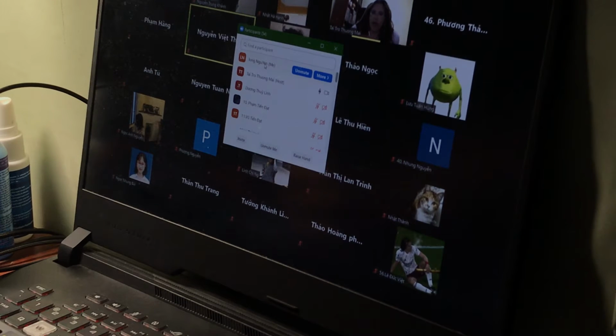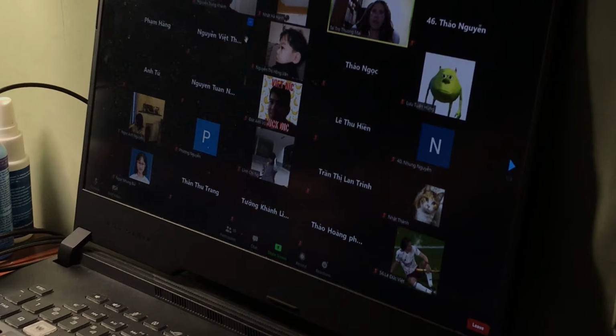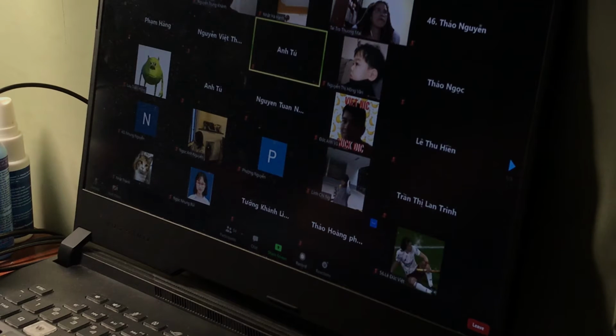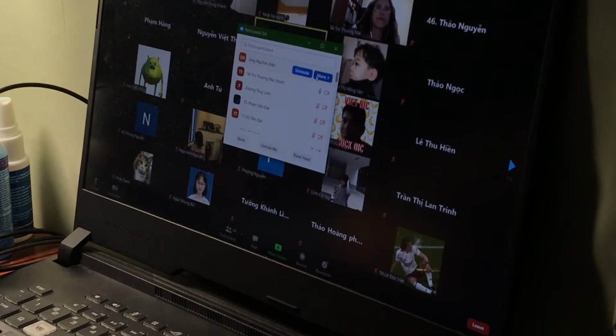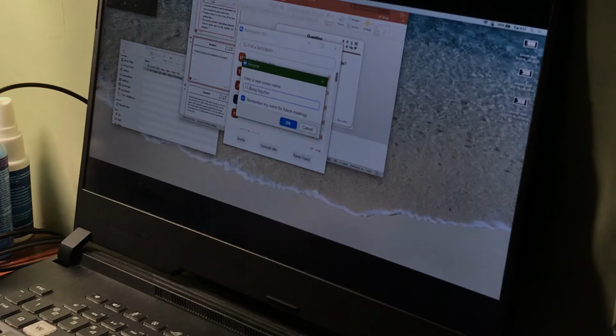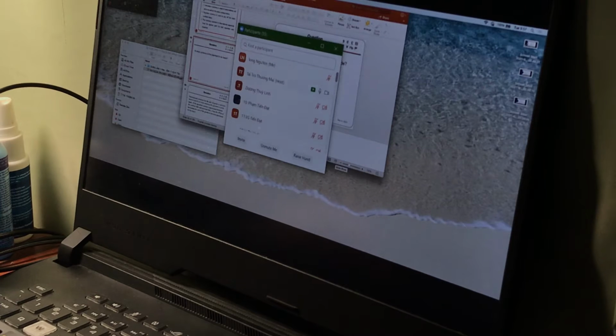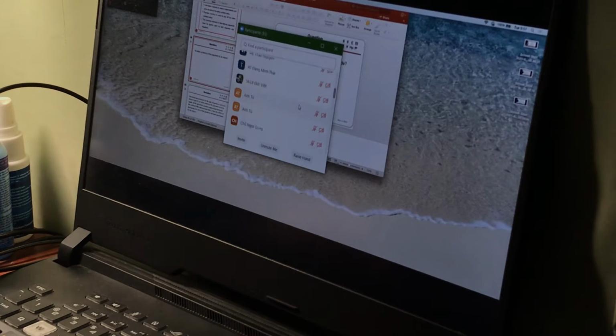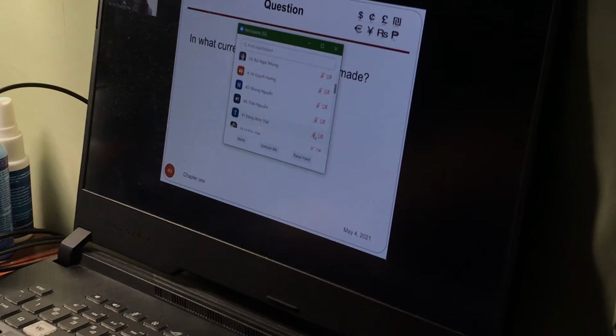For example, you use US dollars as a payment currency and euro as a calculation currency. Ms. Hằng, please.